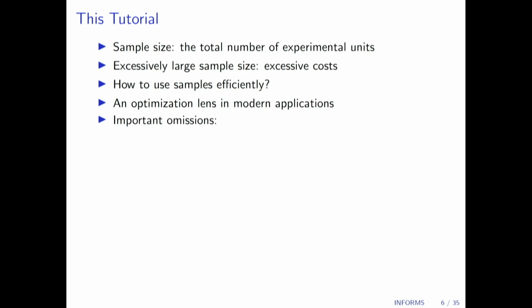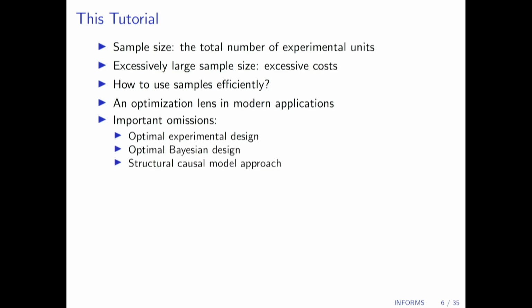By no means is this tutorial exhaustive in looking at the literature. There are several important omissions. In this talk, I'm only going to focus on a narrower scope of experimental design for causal inference. But there is a broad literature on experimental design in general, which I will not touch upon.